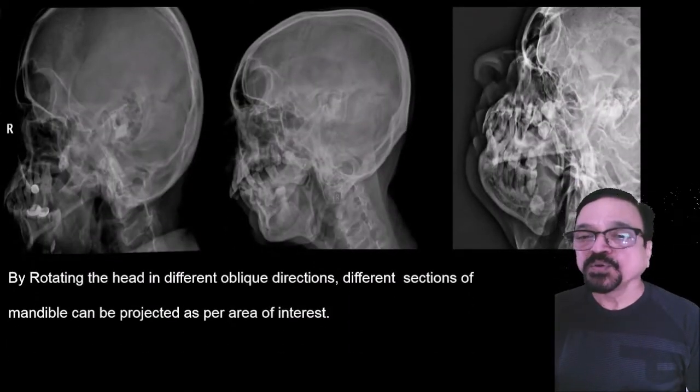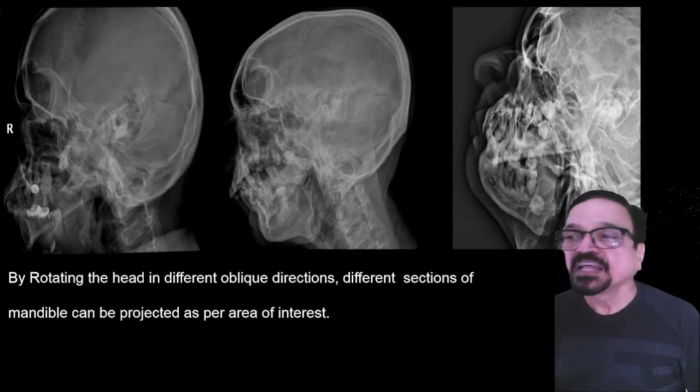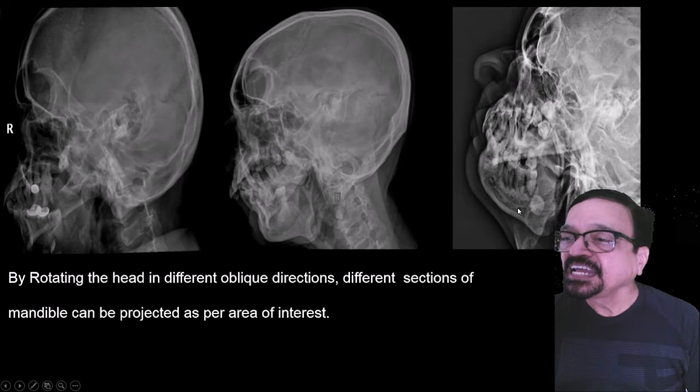Now we are showing you different projections. See what we are saying: by rotating the head in different oblique positions, different sections of the mandible can be projected as per the area of interest. Now you can see here, the molar region, versus the incisor region which is not well seen.